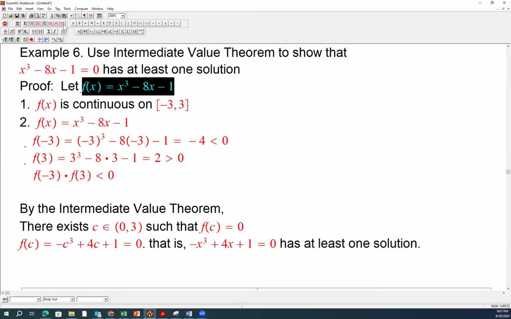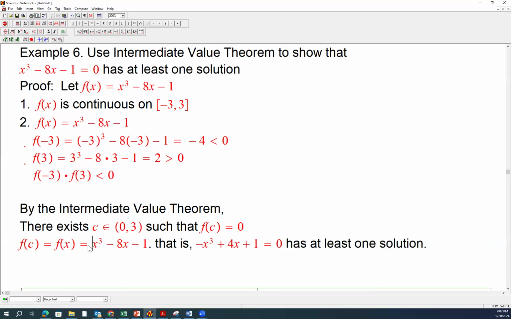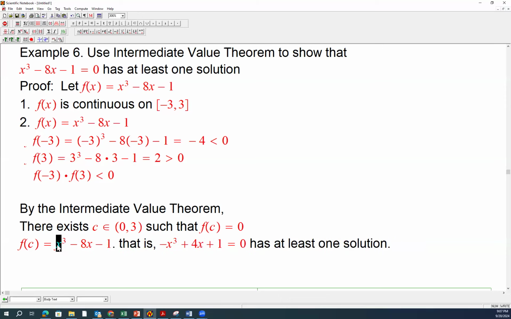So this is our f of c. F of c is going to be c, right? And so in the end, this has at least one solution.